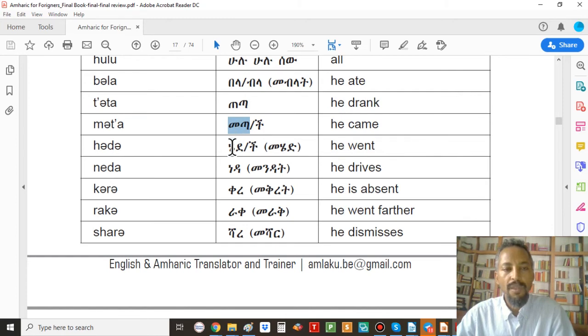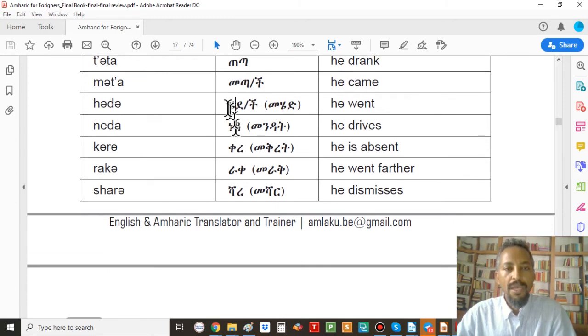The same thing here. The opposite of he came is he went. ሄደች, I mean ሄደ, he went. ነዳ, he drives.